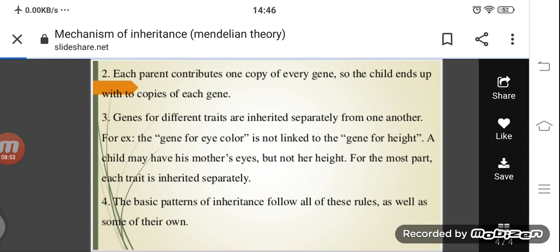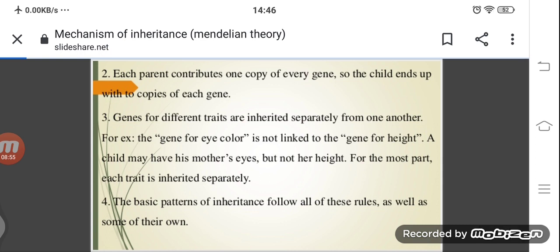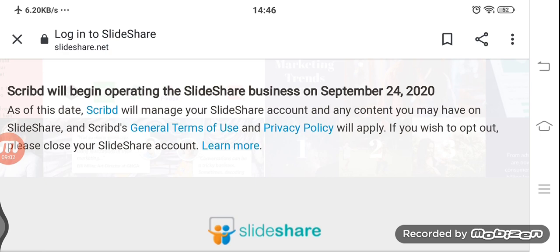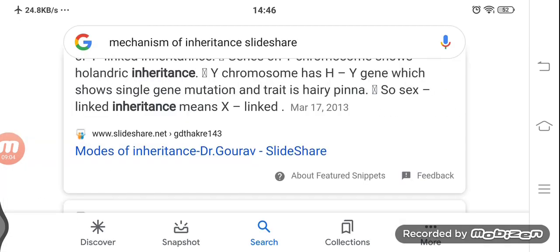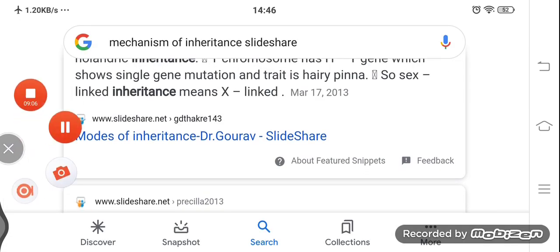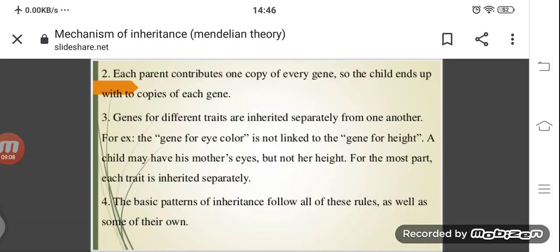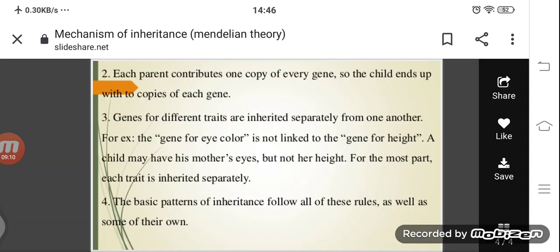Rule number 3: genes for different traits are inherited separately from one another.